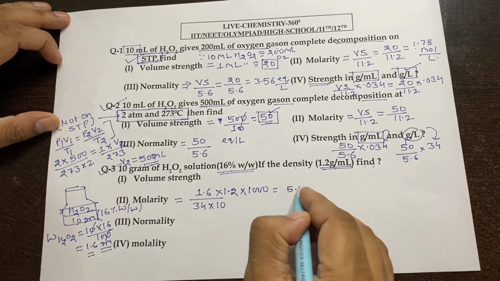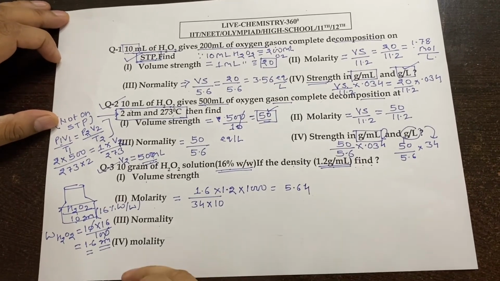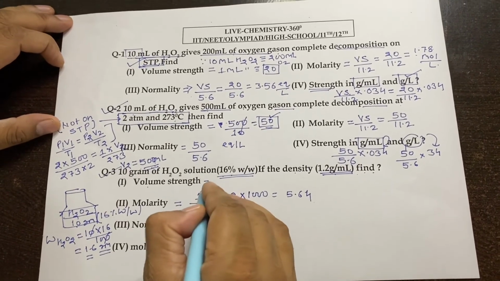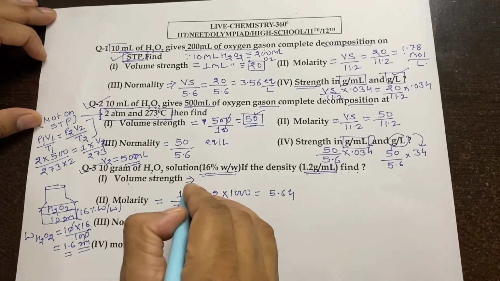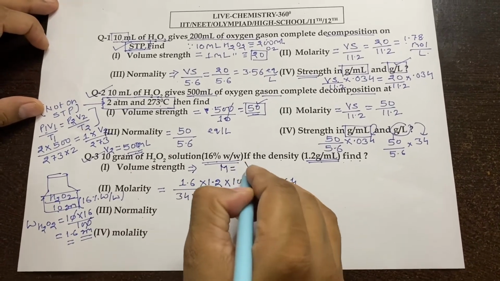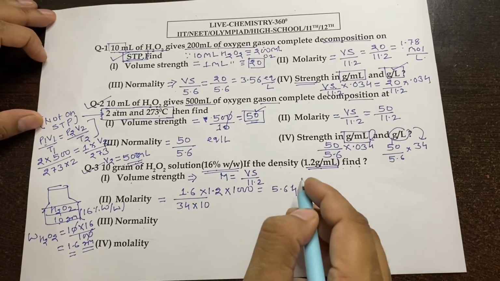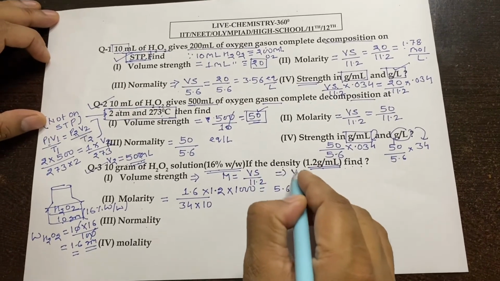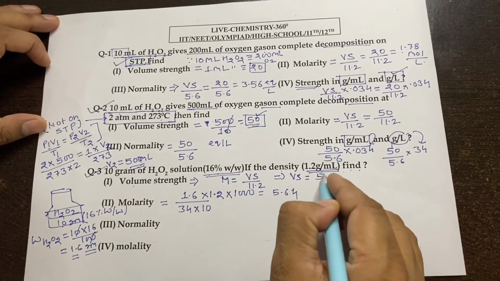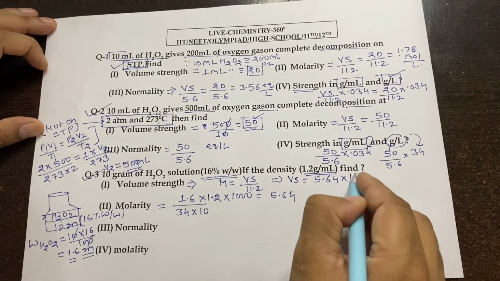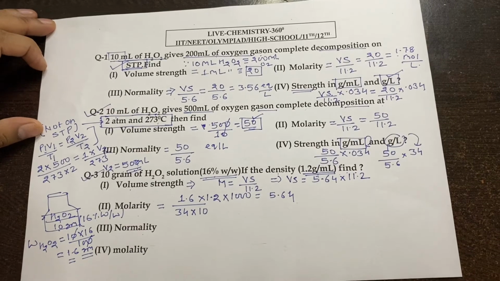This will give 1.64. So this will be the molarity, and we know that molarity and volume strength are related as molarity is equal to Vs upon 11.2. So Vs will be equal to 5.64 into 11.2.